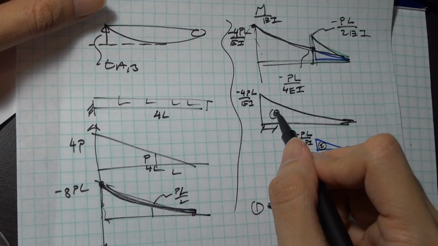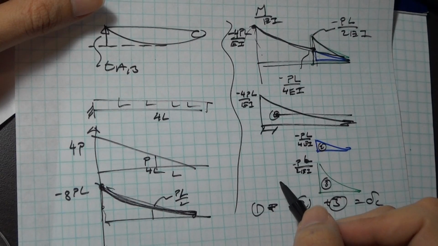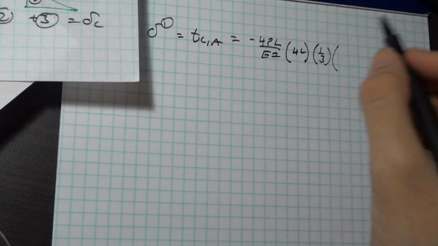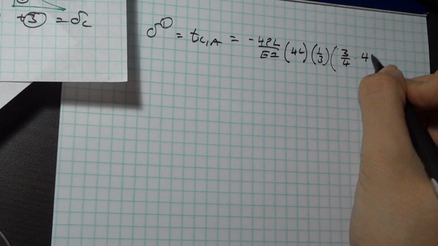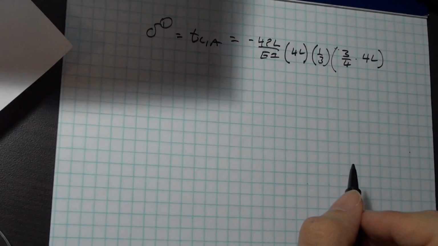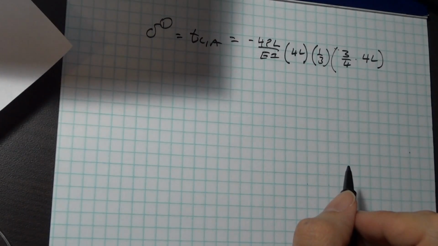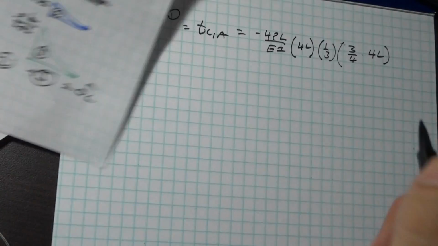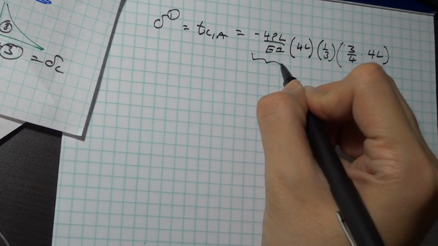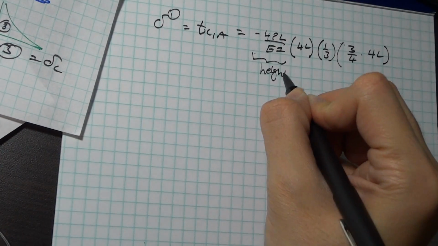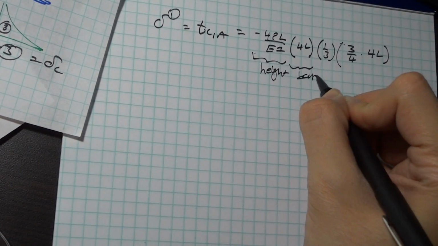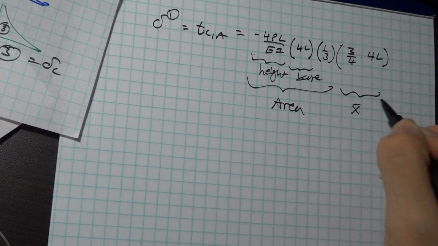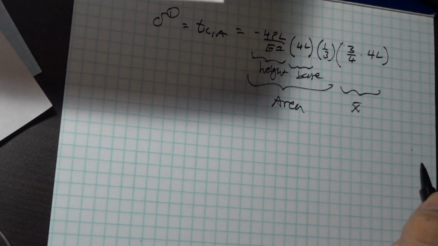So in other words, the distance from here to the point that I'm interested in is 3L. It is 3/4 of 4L. And I think that is everything for that first part. You can think of this as my height. This is my base. This is my area. And this is my centroid distance, x bar.